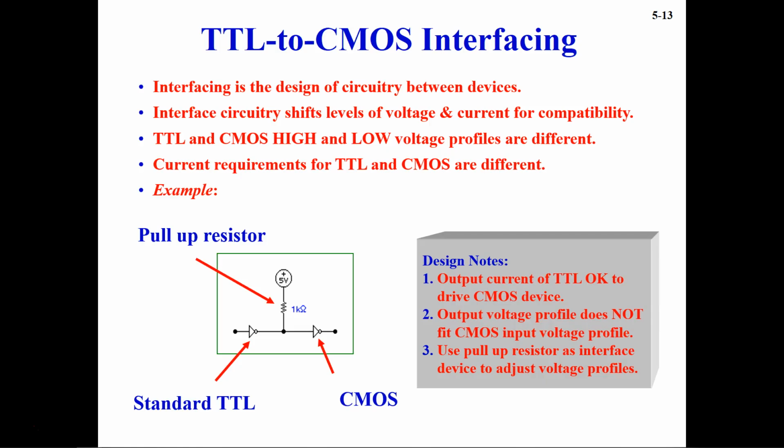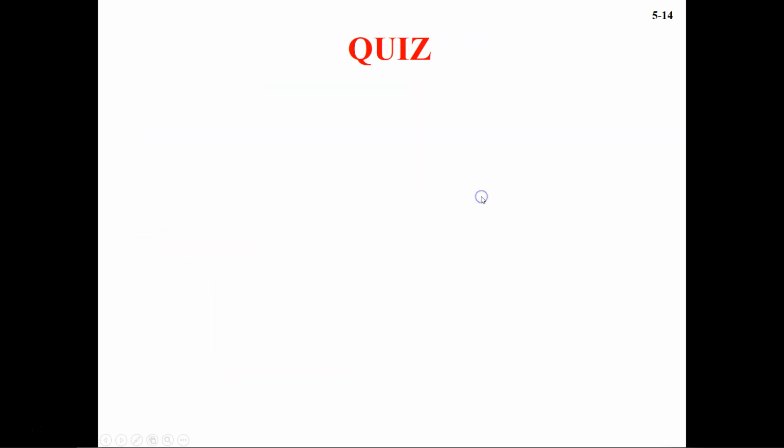Looking at the voltage levels, you know that the higher voltage doesn't match, and that could be the problem while interfacing these two devices. Now I'm going to move on to the next slide.